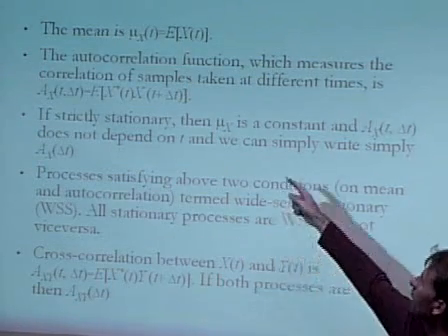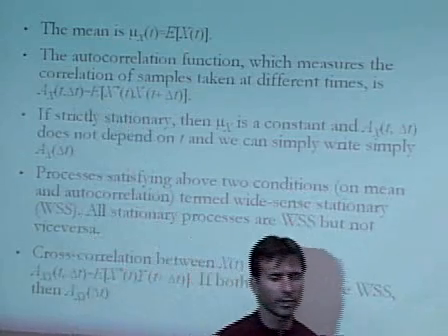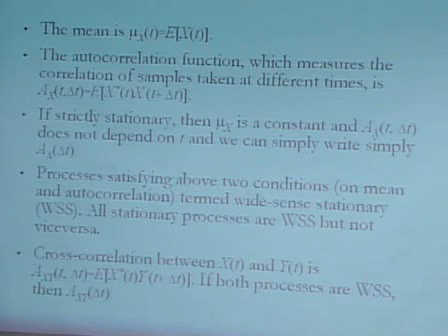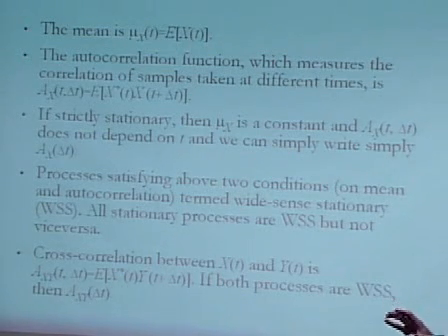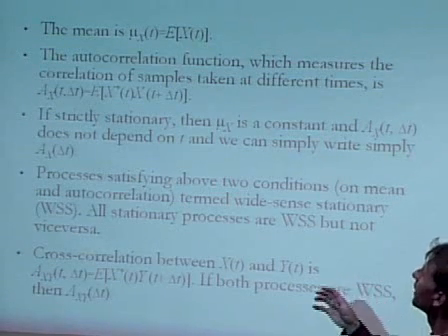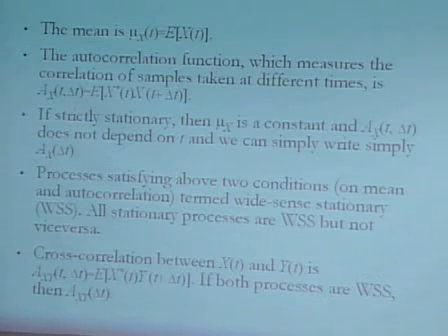And the star here is a conjugation, so if x is complex, we have to conjugate it. If it's real, then that is not necessary. Right? So we take the function at time t and the function at time t plus delta t, multiply them and expect them, and that's the correlation at t, delta t. Okay?